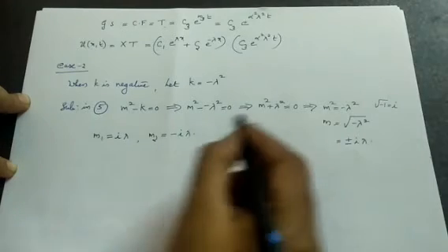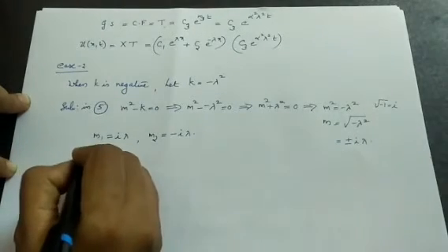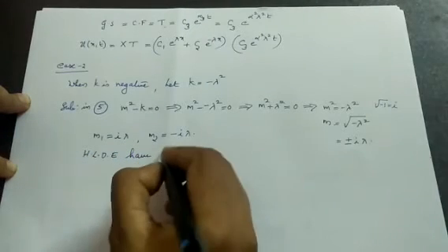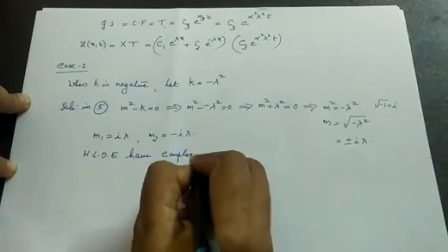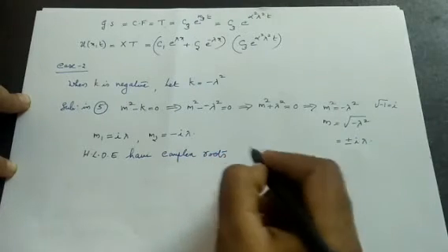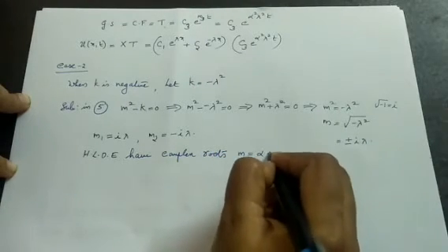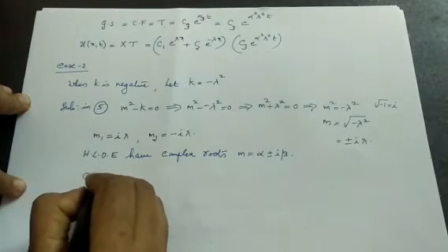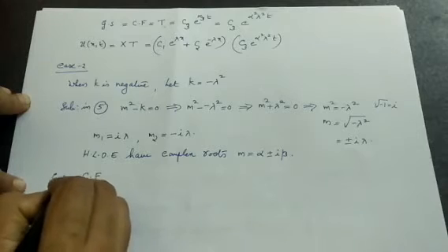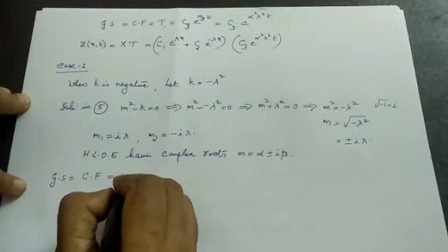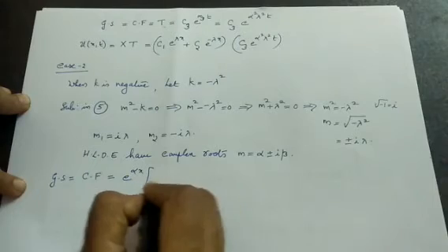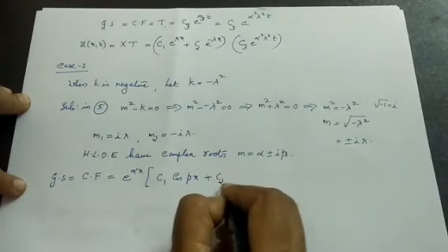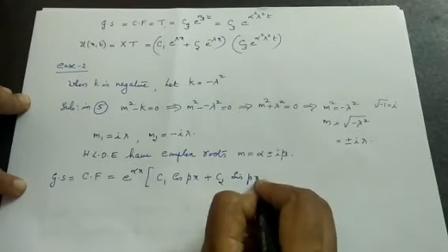If this homogeneous linear differential equation has complex roots, that is of the form m is equal to alpha plus or minus i beta, then we write the complementary function or the general solution as e raised to alpha x, c1 cos beta x plus c2 sin beta x.